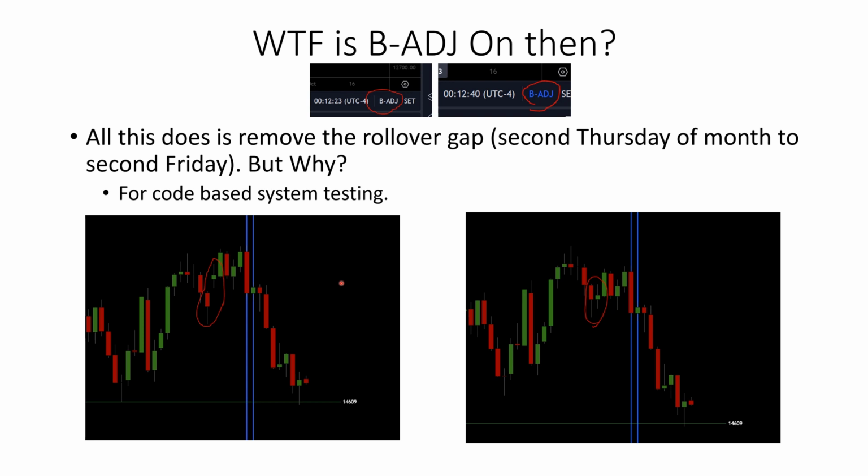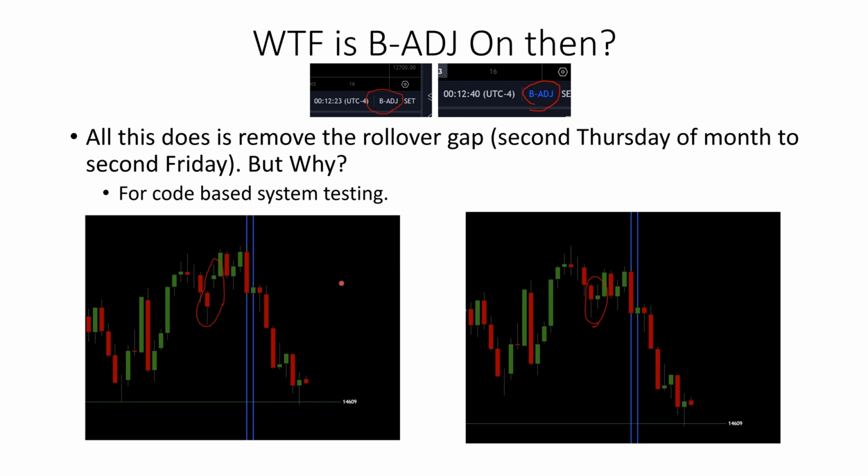So B-adjust removes those gaps, and now you get clean, fluid price action throughout a historical chart, and you don't have to worry about it negatively impacting your system testing. That is really the only thing you should use B-adjust for, is automated system backtesting.